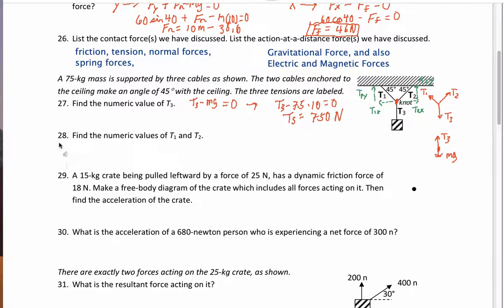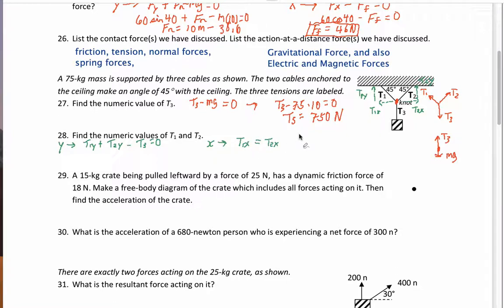So let's set up our y equation. That's going to be T1y plus T2y, sorry, I'm going to be clear, minus T3 equals 0. But we also have in the x direction that T1x equals T2x.